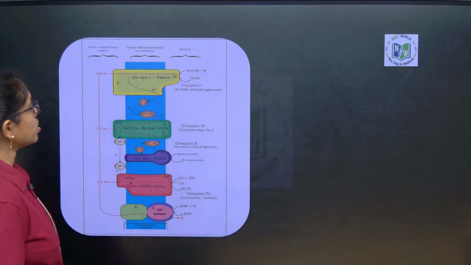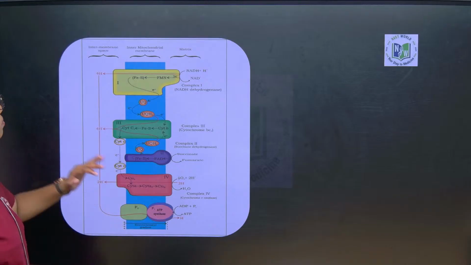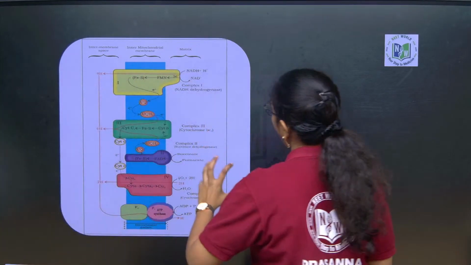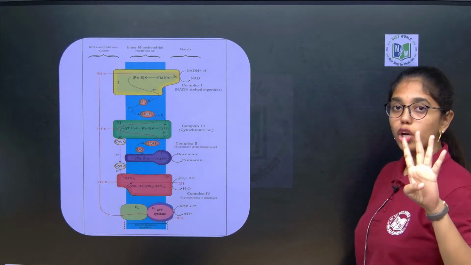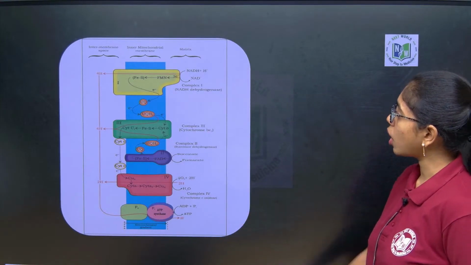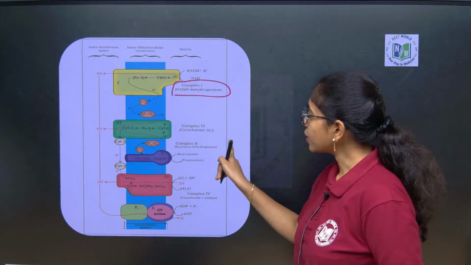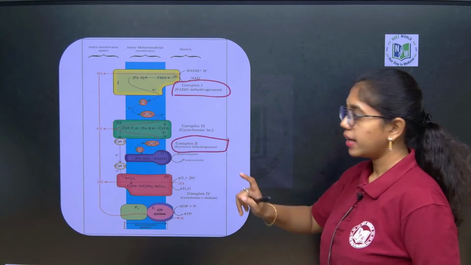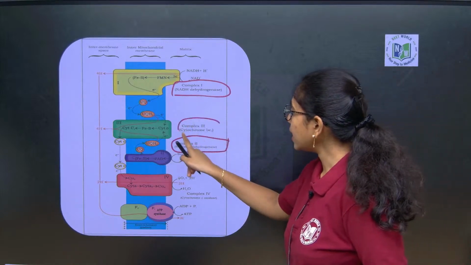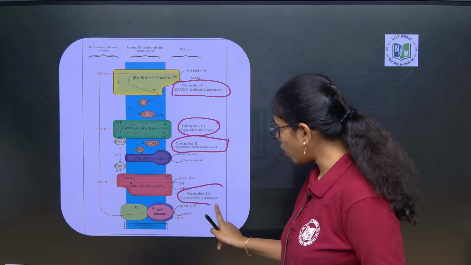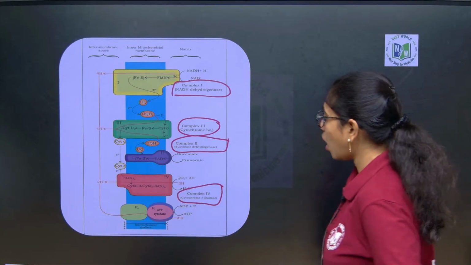Next, the electron transport system is a highly important question. There are 4 complexes: the very first complex is NADH dehydrogenase, complex 2 is succinate dehydrogenase, complex 3 is cytochrome BC1, and complex 4 is cytochrome C oxidase.